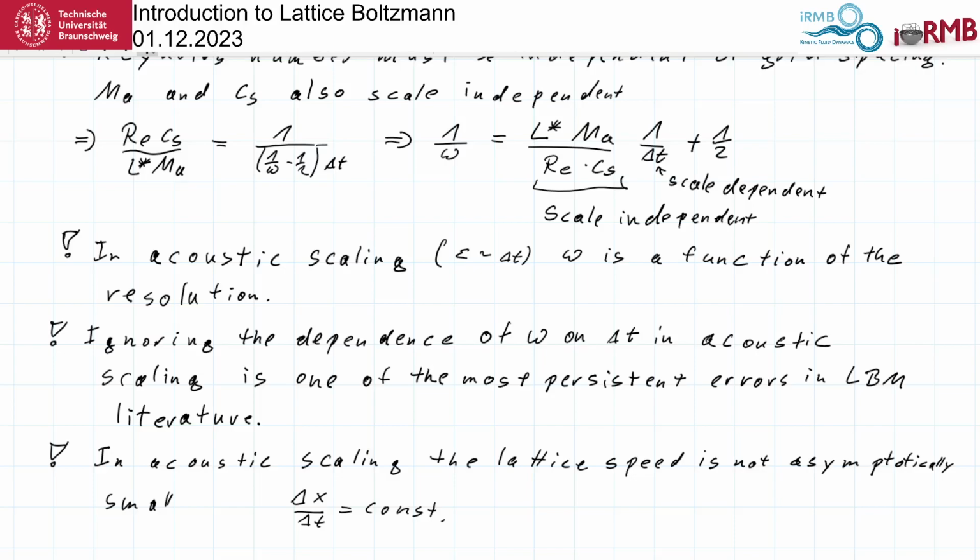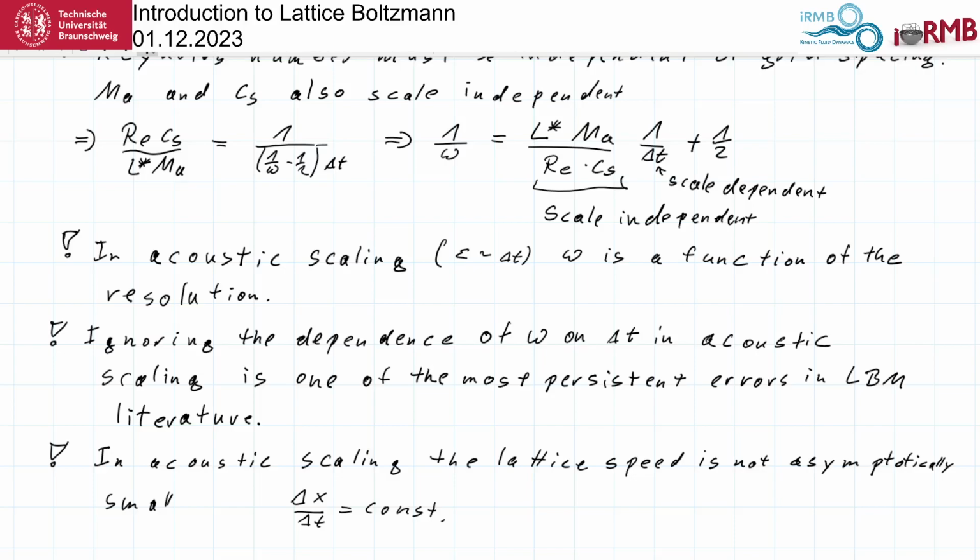And then we said u is small, therefore we can neglect this. But now, delta x by delta t is constant. So it is not actually small in the sense that if you refine your grid or you make your time step smaller, then the error u cubed has exactly the same size.